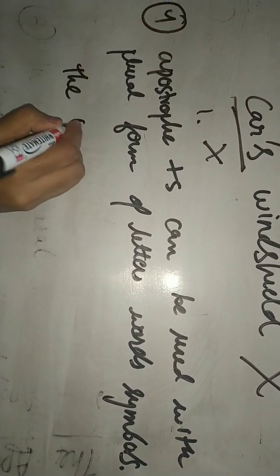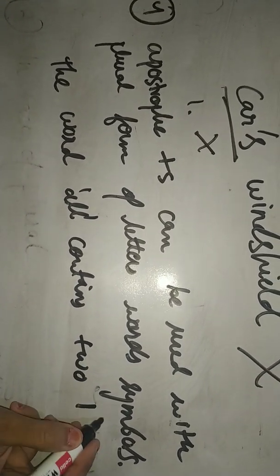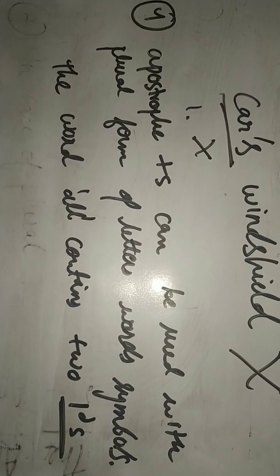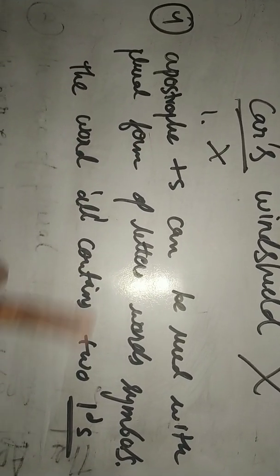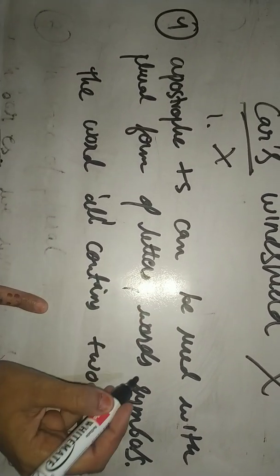Okay, for example, the word all contains two l's. Apostrophe plus s can be used with the plural form of letters, words and symbols. In this way it can be shown. We can also write that there are 3 8's in 8808. So we can use such types of examples.